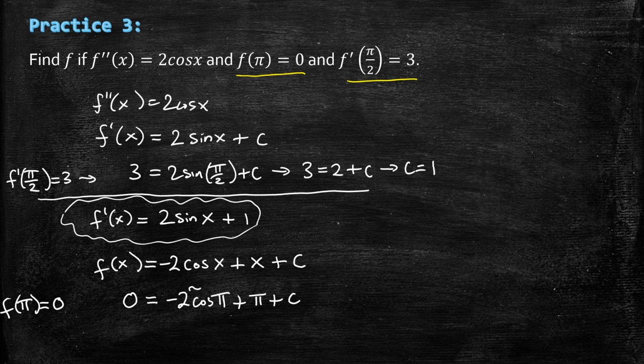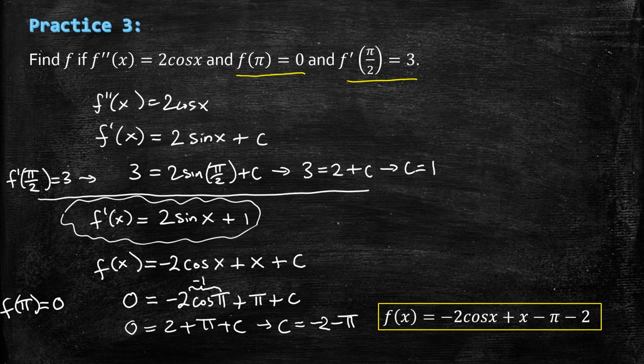And cosine pi is negative 1, so that means 0 equals 2 plus pi plus c. So c in this case is negative 2 minus pi. That brings us to the final answer. We've completely reconstructed f of x, and it's negative 2 cosine x plus x minus pi minus 2.